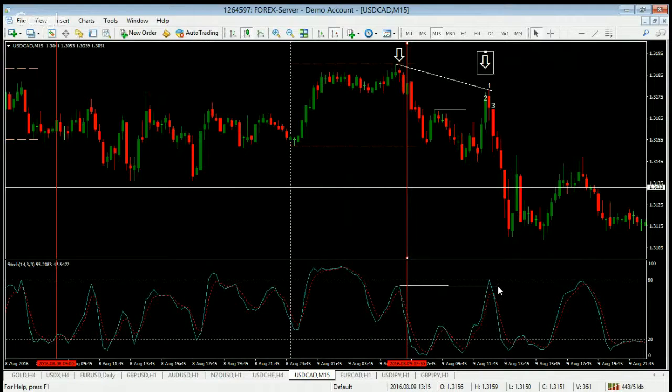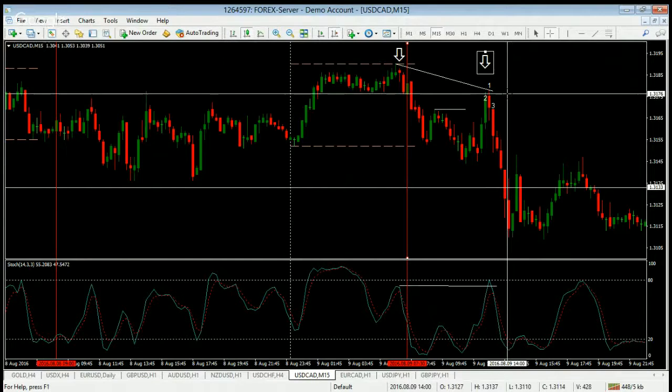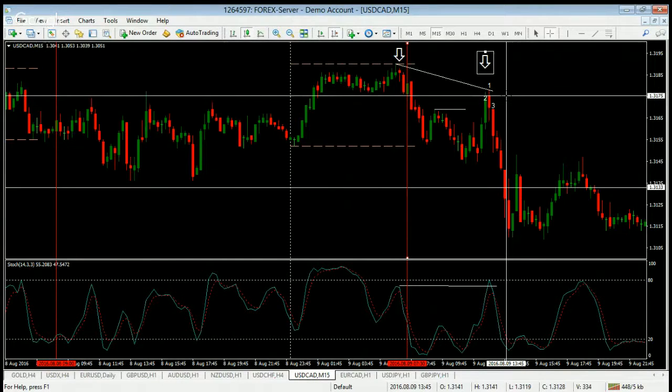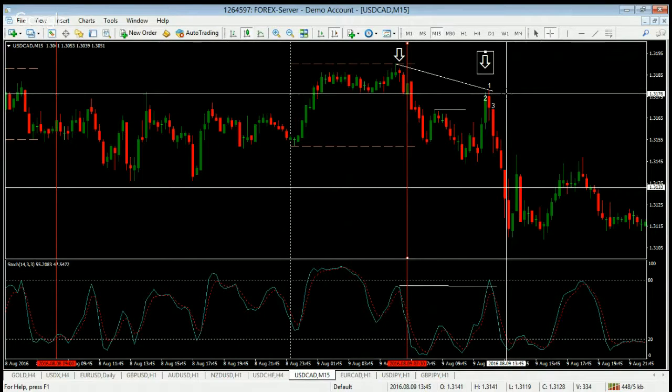It is already above here. So do you wait for it to cross? You might wait. But normally I hunt for this, so I might place my sell limit here around this level, maybe the 13175 level. Just place the sell limit here and leave the trade.